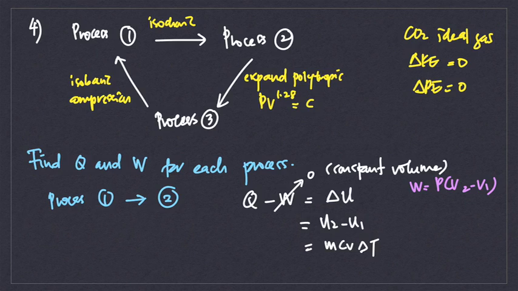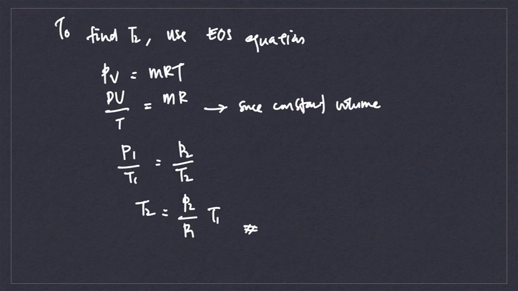derive the internal energy into the EOS equation, so that we get Q equal to mCV delta T. Because we only have the information on the initial temperature, which is T1, we need to find T2 using the EOS equation.